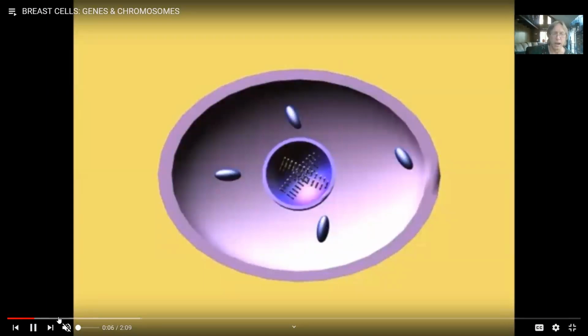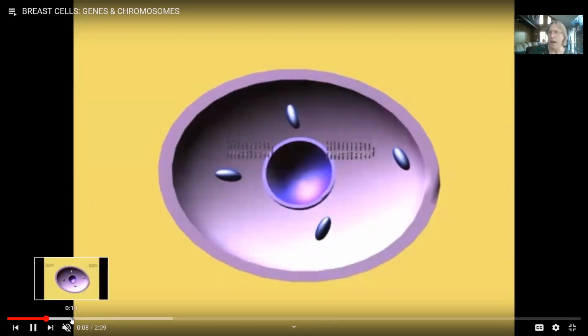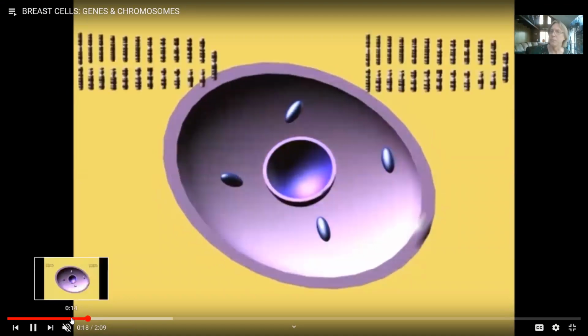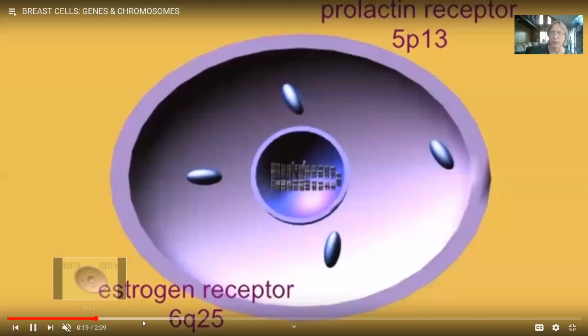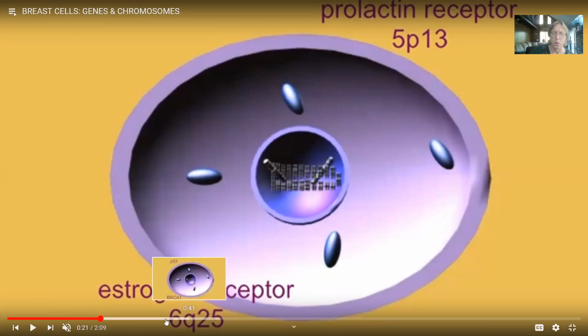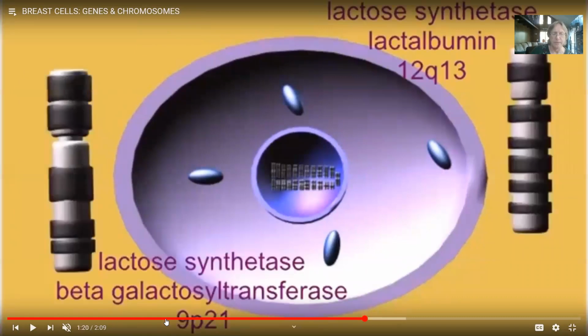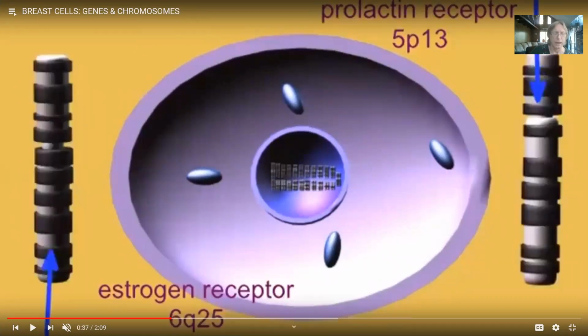So just one more example, if we were to consider a cell of the breast, we might be concerned then about breast cancer. There are prolactin receptors on chromosome 5, estrogen receptors on chromosome 6. If we're worried about the tumor suppressors, P53 and BRCA, they are located on different chromosomes.